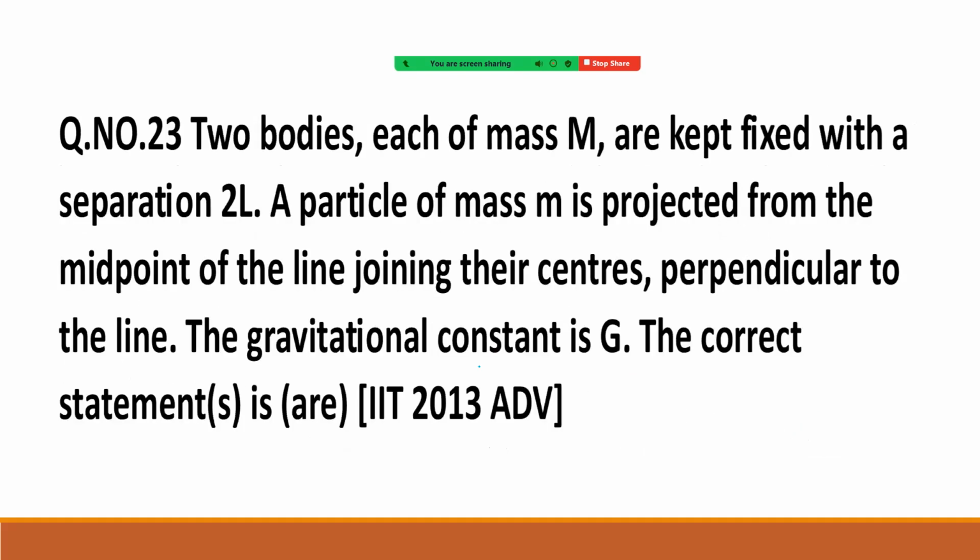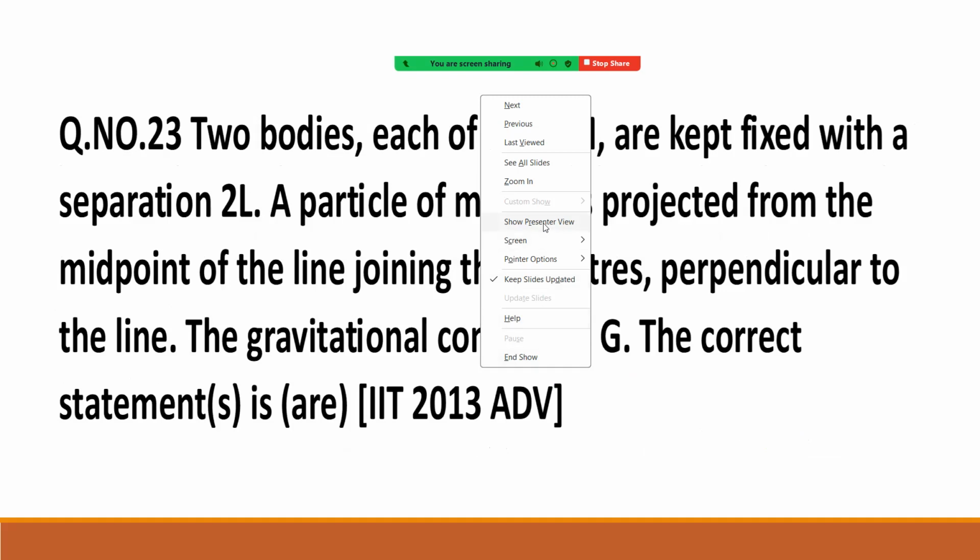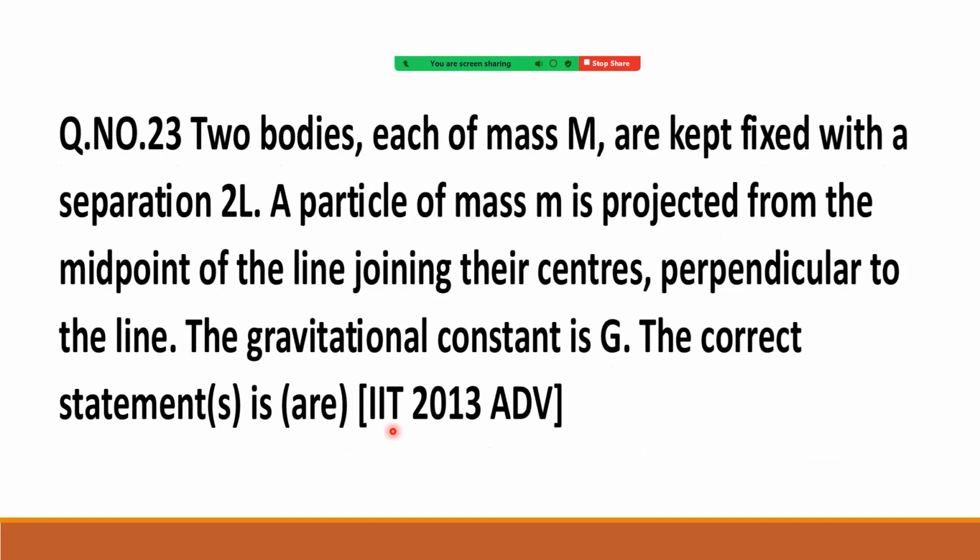The next one. This question is from 2013 Advanced. Two bodies, each of mass M, are kept fixed with a separation 2L. A particle of mass m is projected from the midpoint of the line joining the centers, perpendicular to the line.